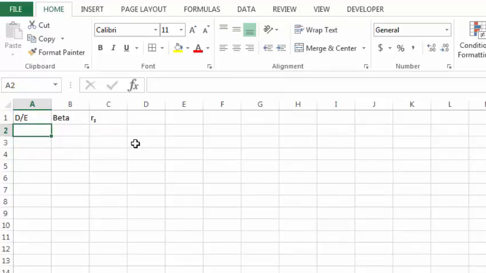Now, the unlevered beta, by the way, is 0 debt to equity. That means unlevered, meaning no debt.